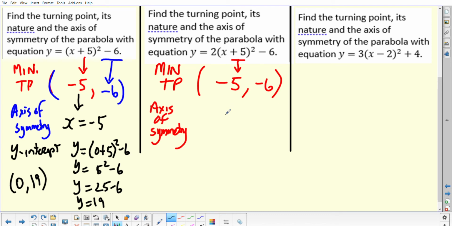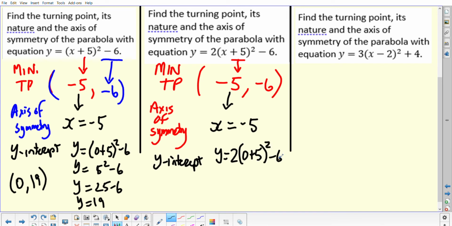The one thing that will be different is the last term. My axis of symmetry, remember, is x equals -5, but for my y-intercept, when I sub in this time, I'm doing y equals, I've got that 2 there, 0 plus 5 all squared, and the -6. Now that means I'm doing 2 times 5 squared.